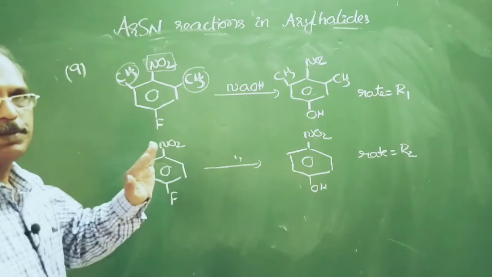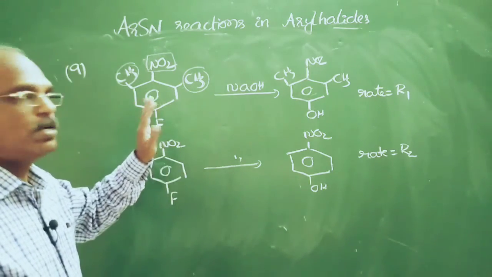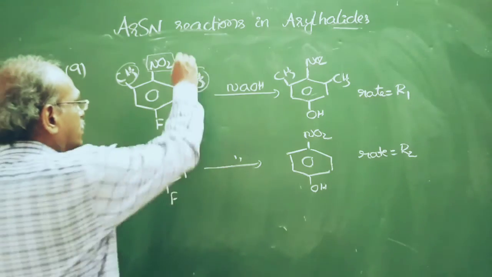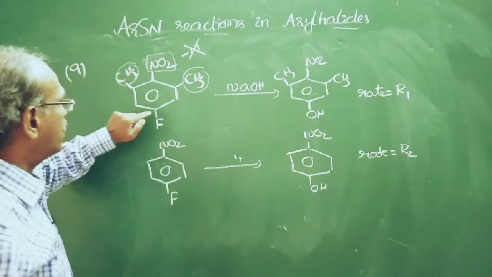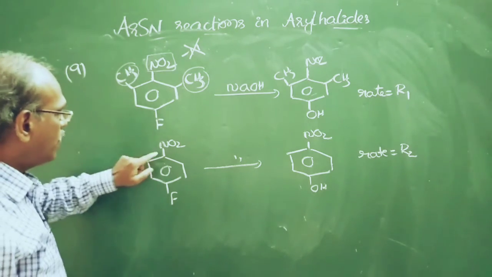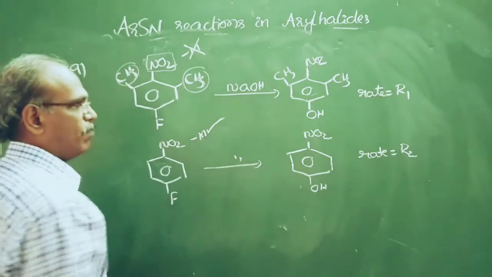Turns out of the plane. So therefore, here it cannot show minus M effect on the carbanion formed. But here there is no such problem. Here it can show minus M effect.